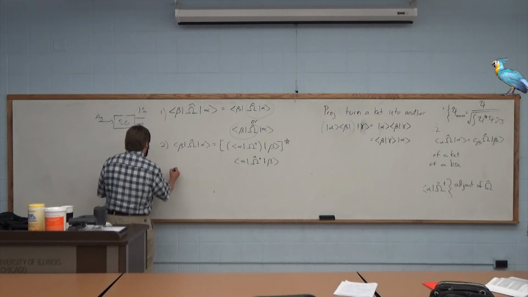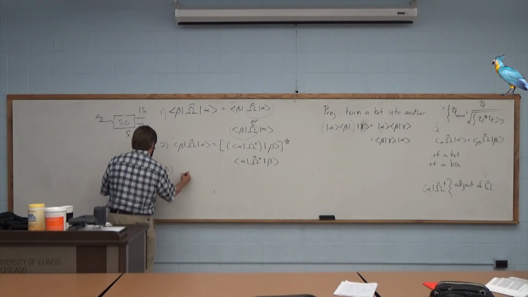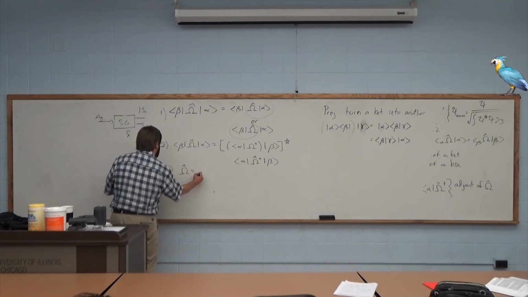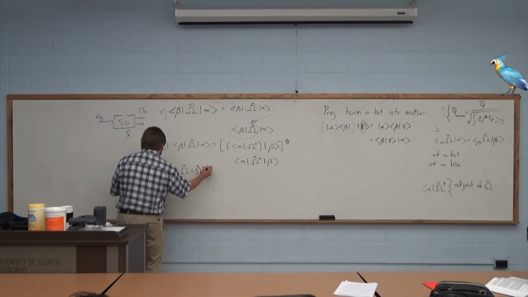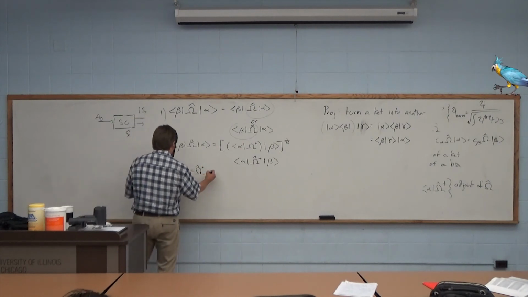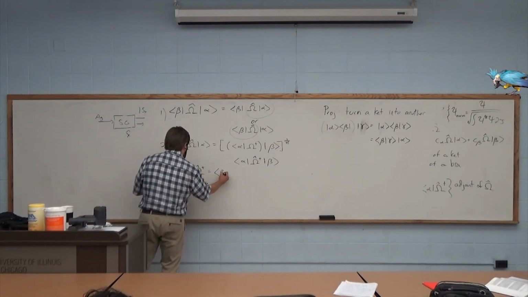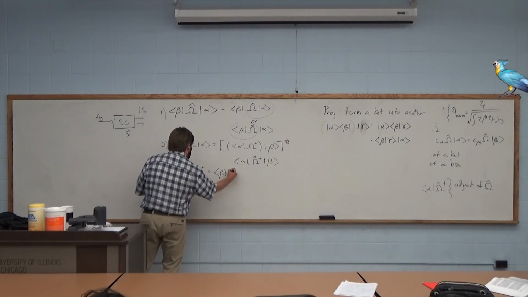The last one, and this one is important. If your operator is Hermitian, like all the operators you've seen, then you do have this, which is nice.